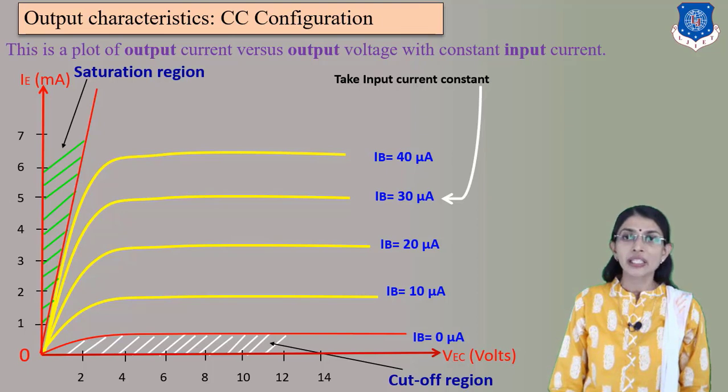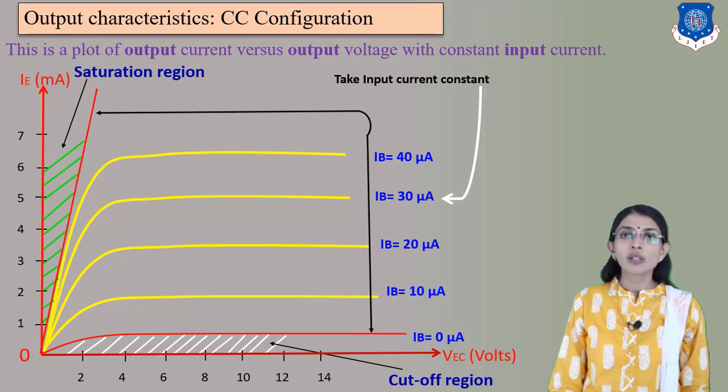Similarly, in saturation region, we are getting the maximum saturated output current and it can be used in a switch. In cutoff, the transistor can be used as an off switch, and in saturation region, the BJT can be used as an on switch. But the middle region between cutoff and saturation region is known as active region.